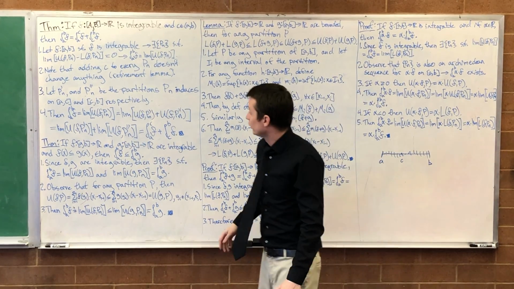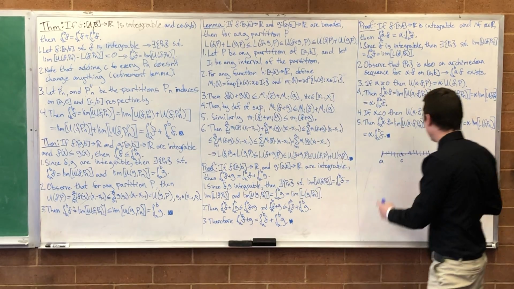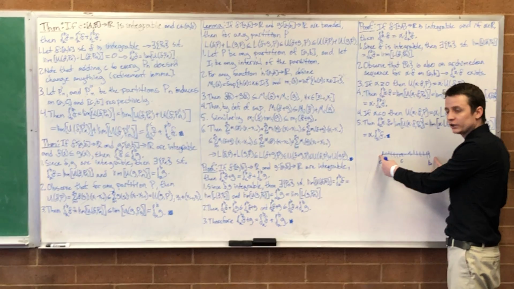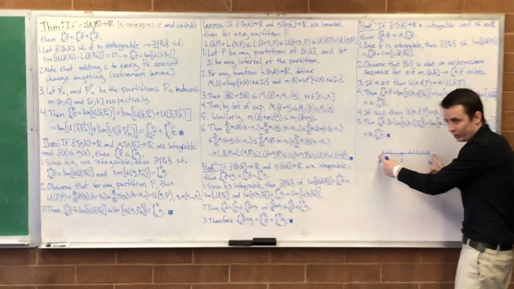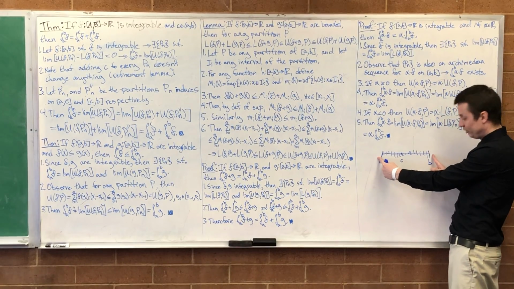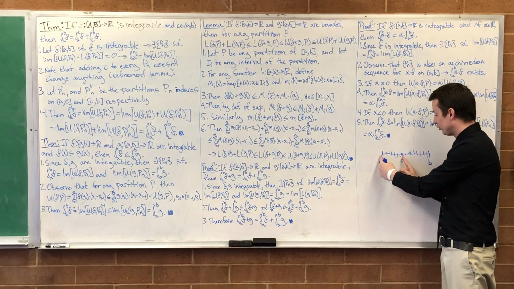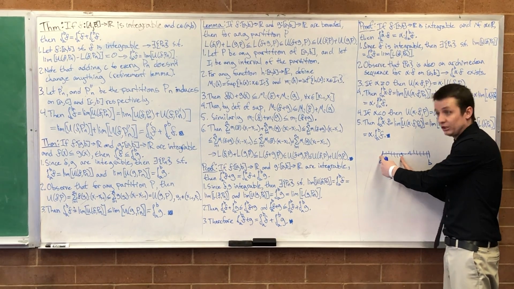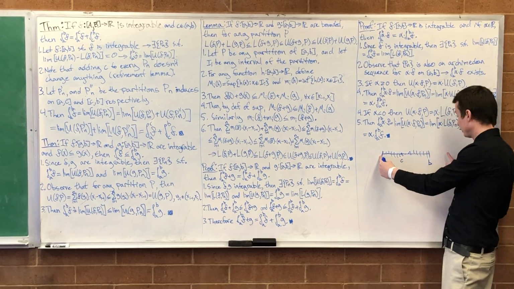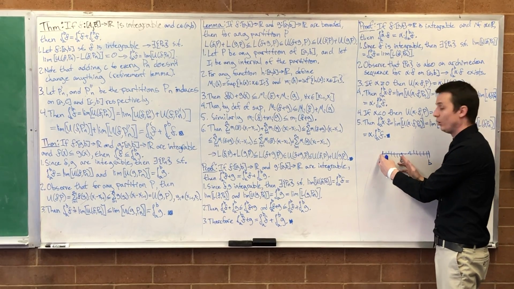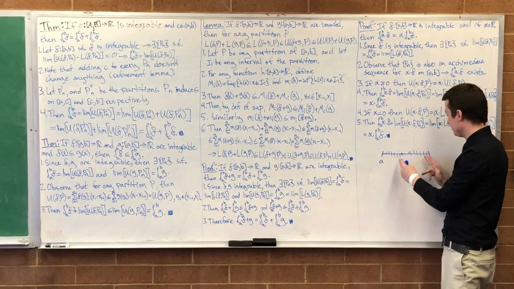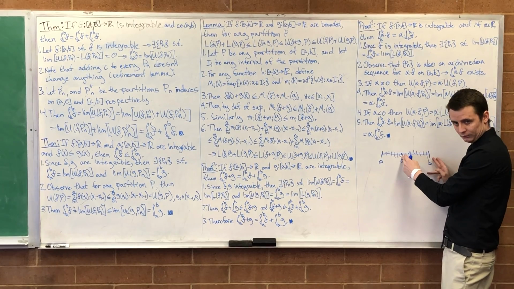All right. So now I know that the overall sequence of partitions is an Archimedean-Riemann sequence of partitions. So its gap goes to 0. Notice that if I take just a piece of that partition, its gap still goes to 0. If the biggest interval on the whole thing goes to 0, then the biggest interval on just this part for sure goes to 0, and the biggest interval on just this part for sure goes to 0.